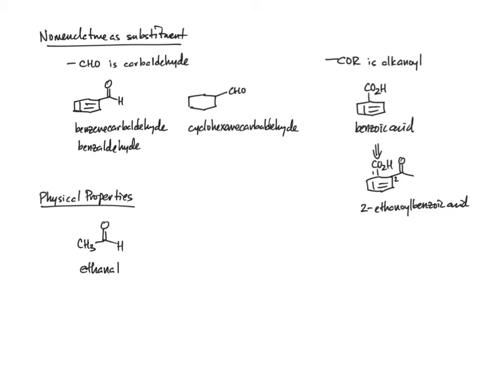Let's go ahead and put the lone pairs in. We can see now that by having the carbonyl, we've introduced a dipole moment. The carbonyl allows for hydrogen bonding, say with a polar protic solvent such as water.